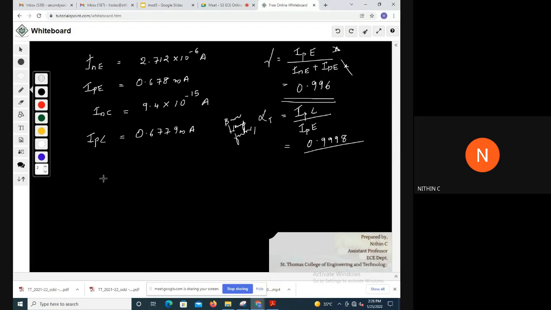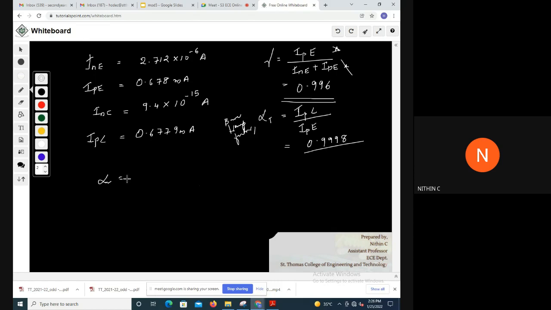Then you are asked for alpha, right? Alpha is what you are asked next. Alpha is actually current gain. In which case? What is this value alpha? Alpha is current gain in which configuration? And last day I had told you, we are having 3 different configurations like common base, common emitter and common collector, which you already know about. Alpha is actually the current gain of which configuration?